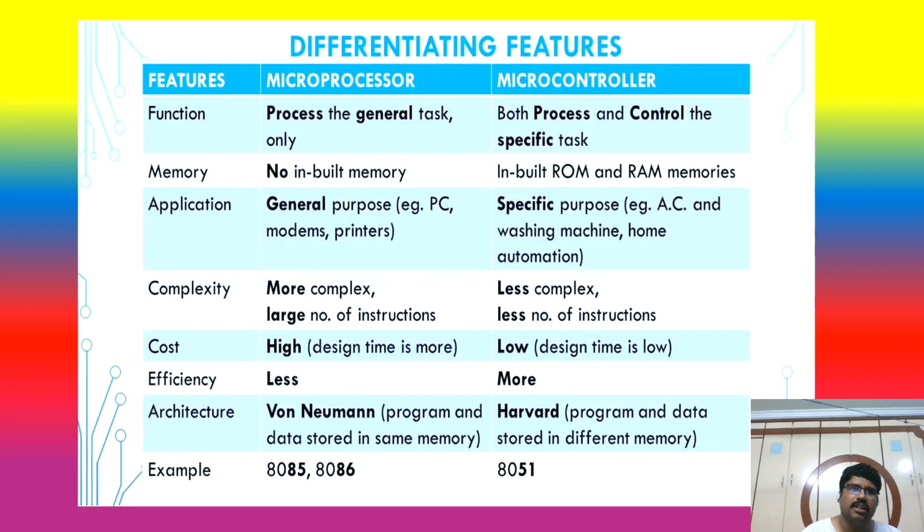Next, coming to the other features, microprocessor is used for a general purpose. That means it is an all-rounder. It can perform multiple operations. For example, in our college laboratories computers, we can see C program can be installed on the same computer, Java, Python.